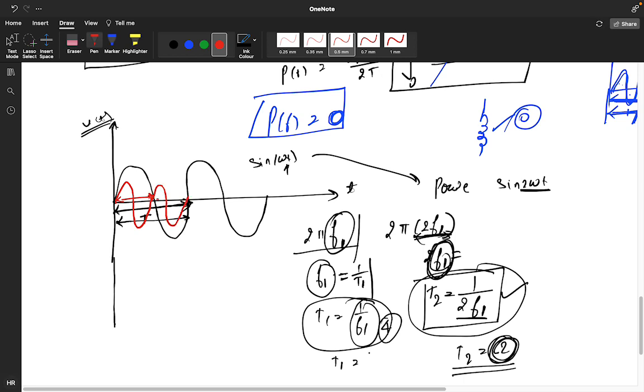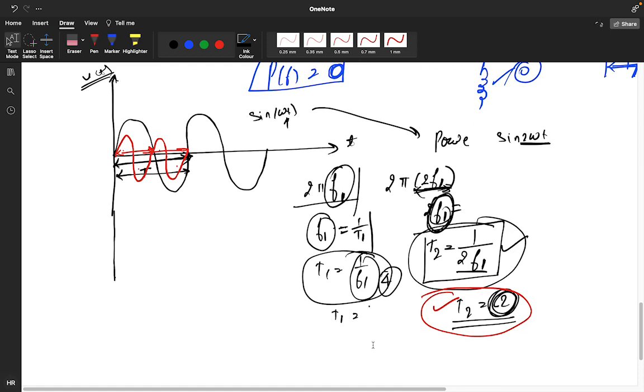That's why we are getting number of cycles 1, 2, 3, 4, 4 pulses, because the time period decreased by 2. Prasanna, it's clear? Yeah. Okay. Vaishnavi, it's clear for you? Yes, sir. Okay.